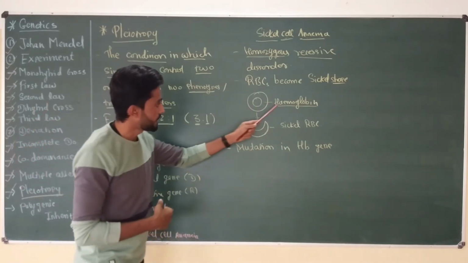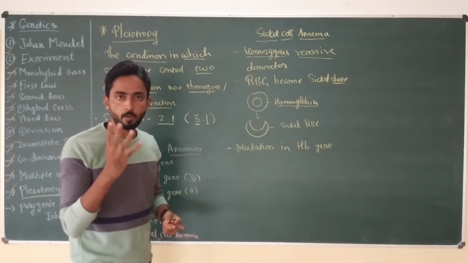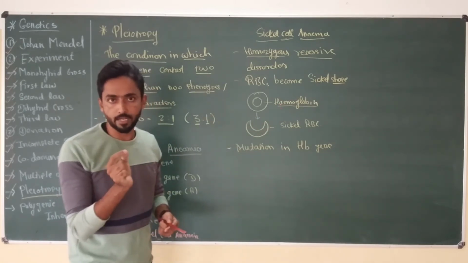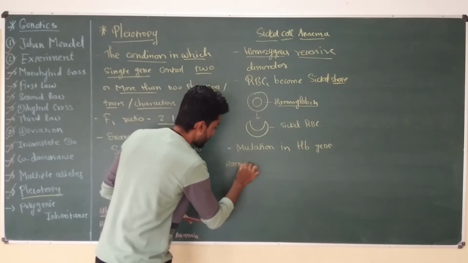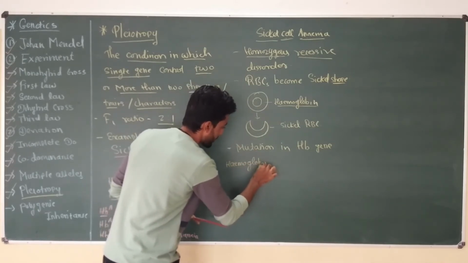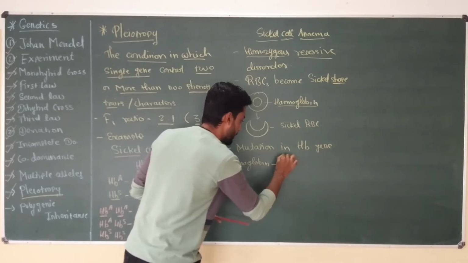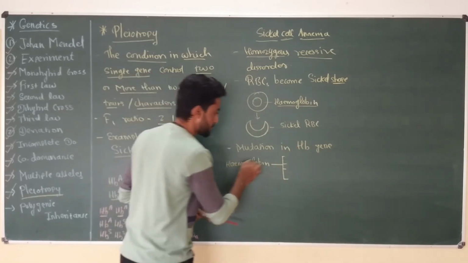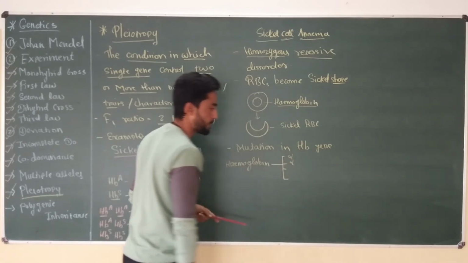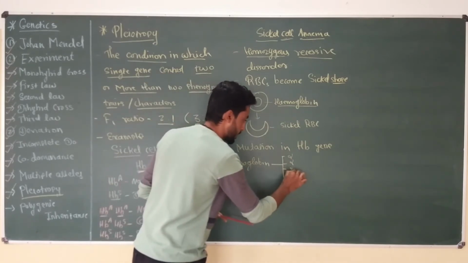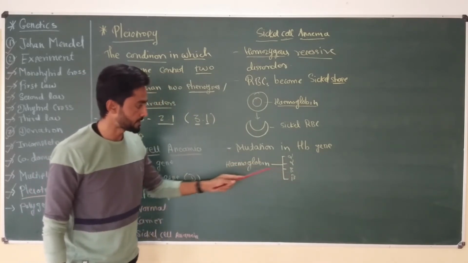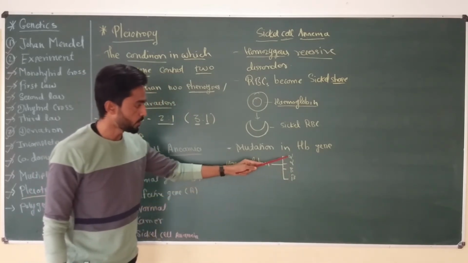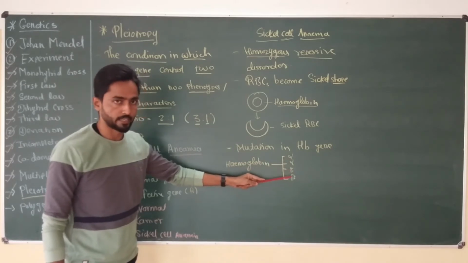Okay, now this hemoglobin molecule is made up of 4 polypeptide chains. Okay, so hemoglobin is made up of 4 chains, out of which the first 2 are alpha polypeptide chains, while the last 2 are beta polypeptide chains. So a total of 4 polypeptide chains is present in the hemoglobin, 2 alpha chains and 2 beta chains.